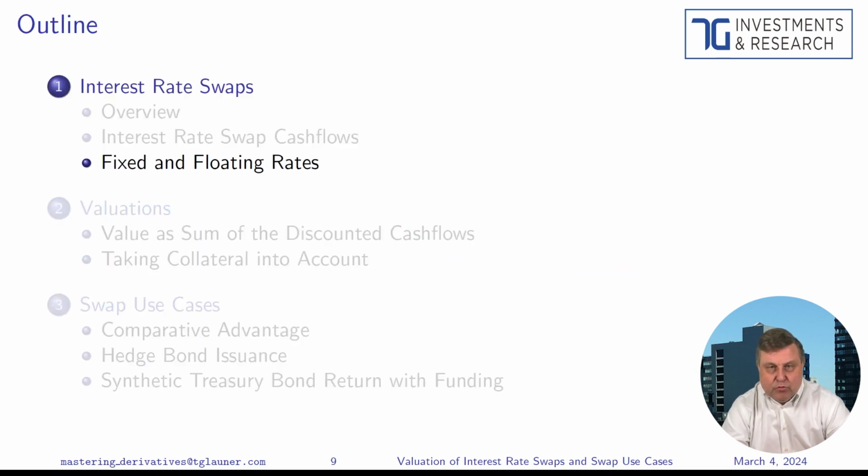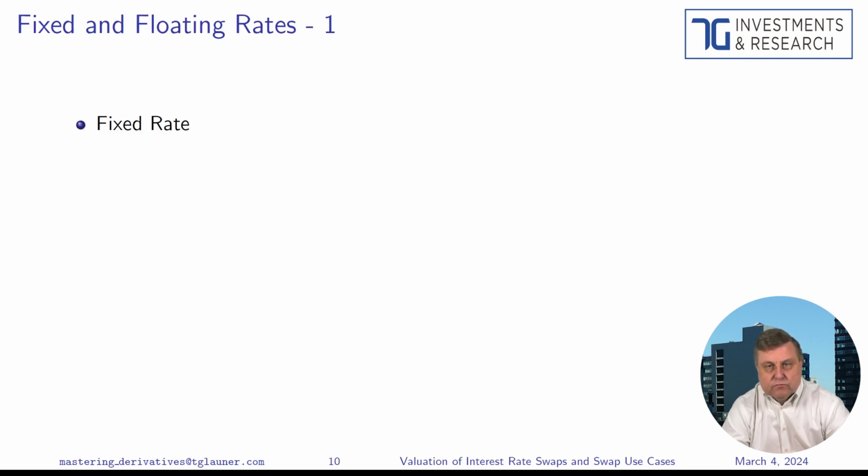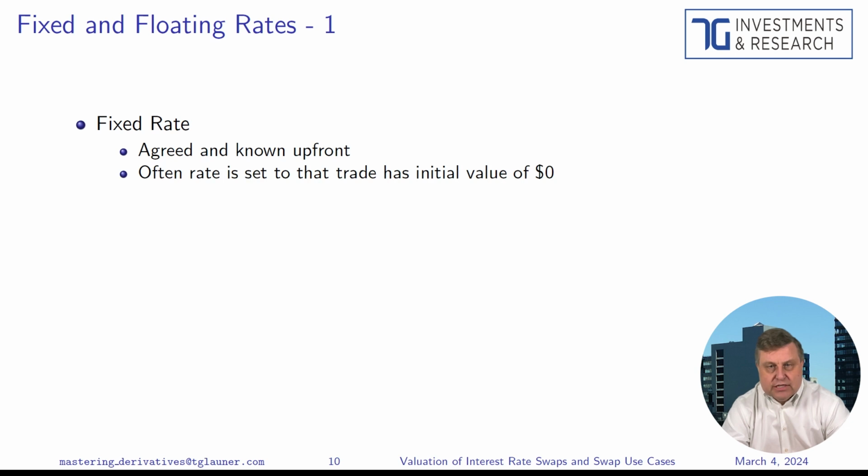Let's delve deeper into fixed and floating rates themselves. The fixed rate is established at inception. It's agreed upon upfront and usually set so that the trade value at inception is zero or very small. The fixed rate remains constant throughout the life of the deal, regardless of market fluctuations.